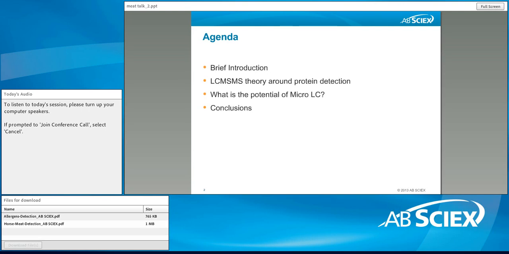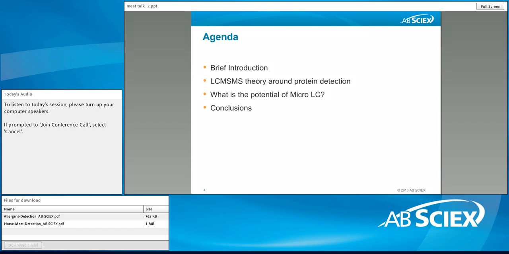The agenda for the first talk is basically a brief introduction about the history and the impact and the background to this piece of work. The second one will cover some of the theory behind protein detection by LCMS. This is really based on the academic workflows and how you can apply these to routine food testing.